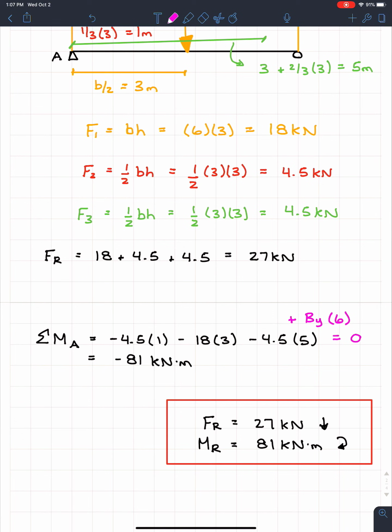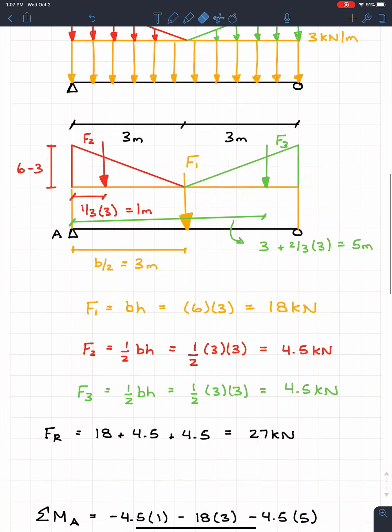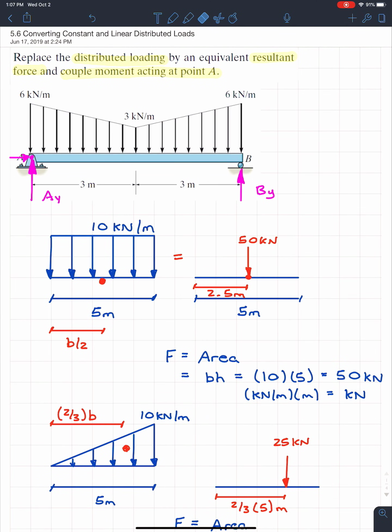And that's what we're going to do next week, is we're going to use the sum of the moments and equilibrium to find the reaction forces at B and the reaction forces at A. And that's going to be such a huge part of this course going forward, because with trusses, you're going to have to find reaction forces. After trusses, we go to beams, and in beams, you're going to have to find reaction forces.